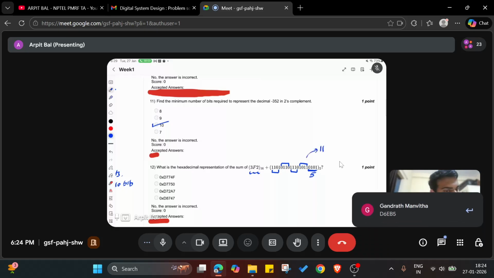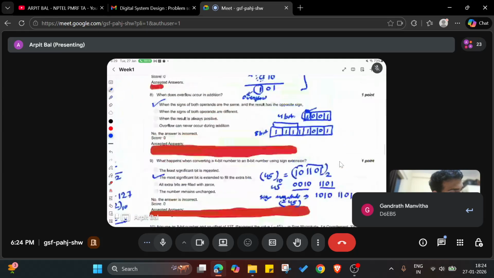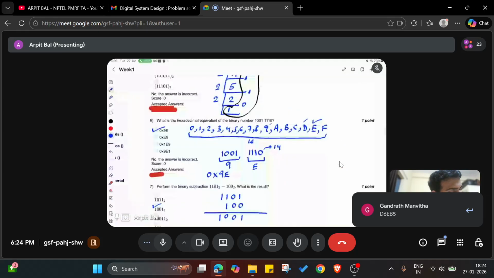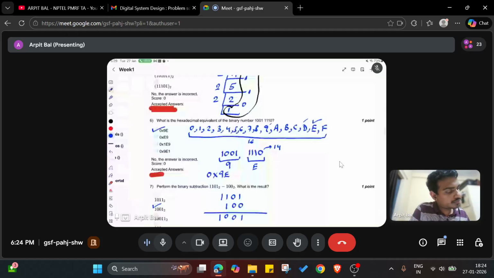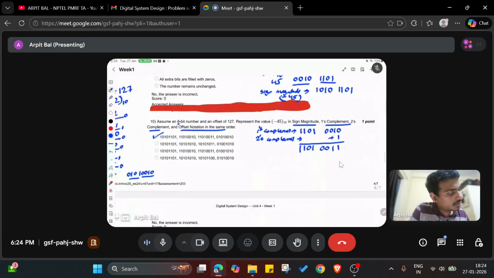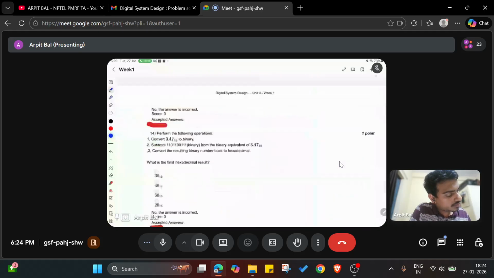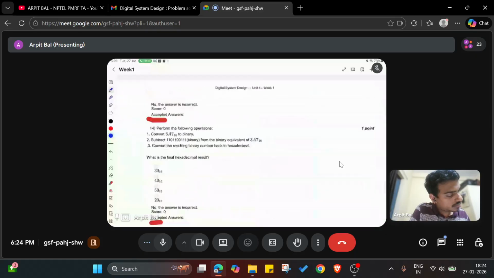So 11 means the 12th symbol, that is basically B. Correct. So I will have this one as B. And what is 1110? 1110 means 14. 14 means the 15th symbol, and the 15th symbol is E. Correct.